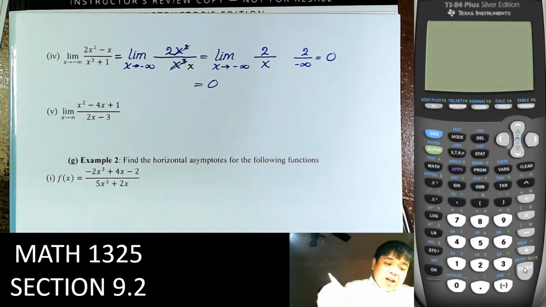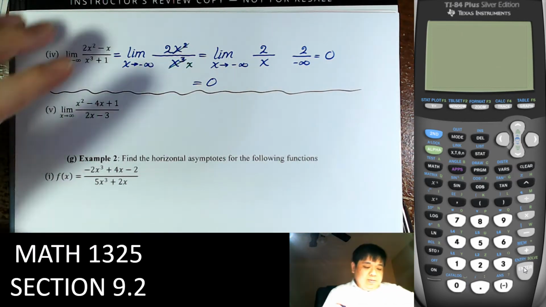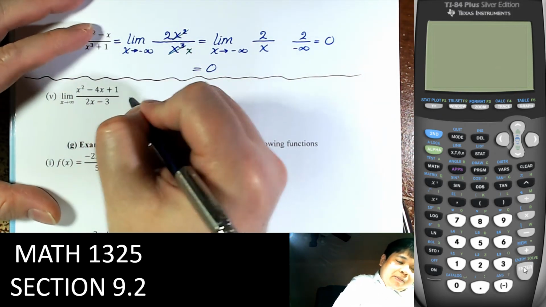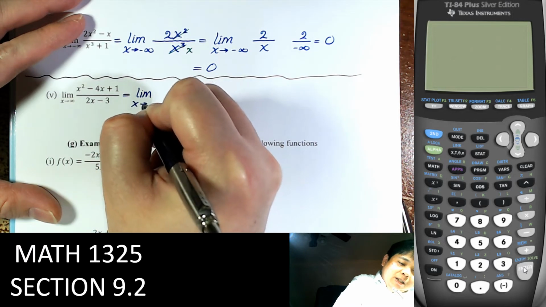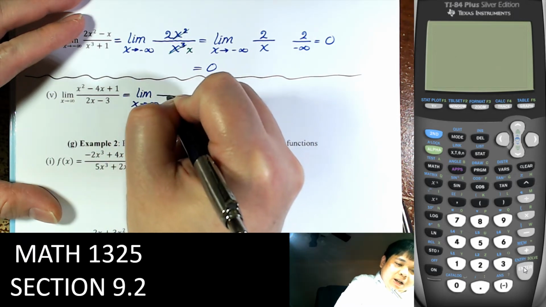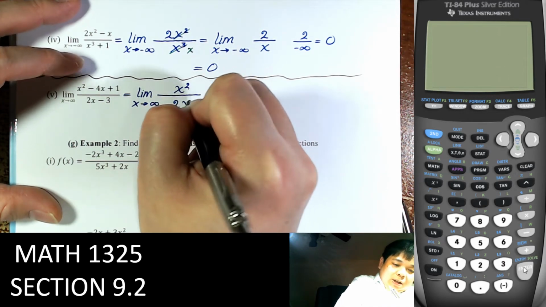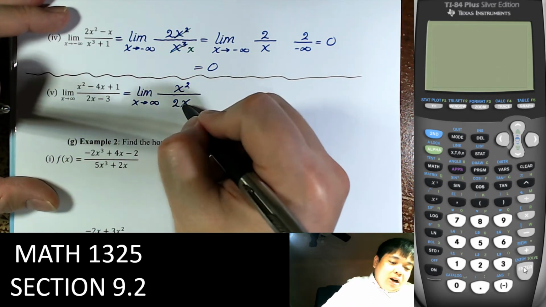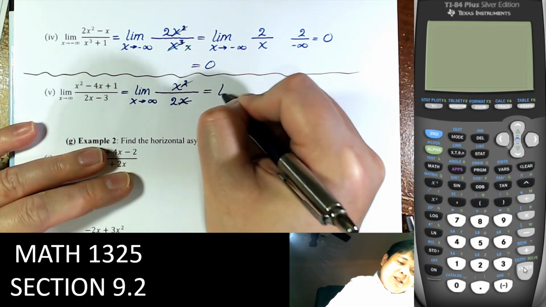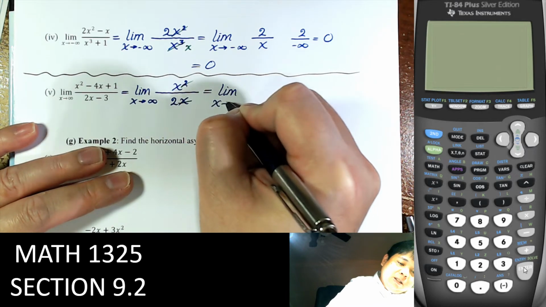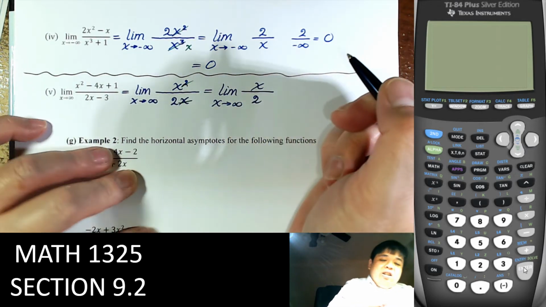So just take the highest power term. That would be simple. Once again, the highest power term, x squared over 2x. There's 1 x at the bottom, we cancel with 1 x on the top. So on the top we just have an x, and we just have x divided by 2.